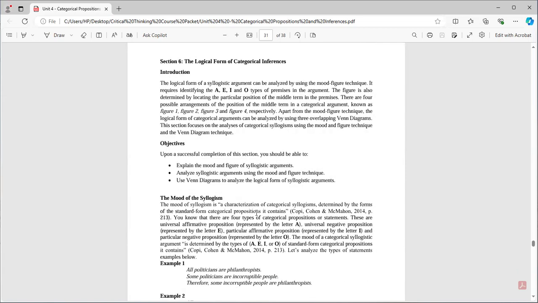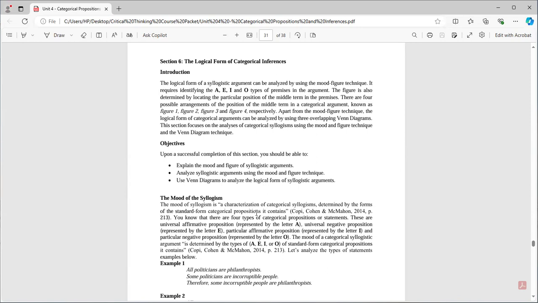Then we take the last one before we close. We are looking at the mood and then the figure in a categorical proposition. The mood here, we are interested in the types of categorical propositions in the argument.